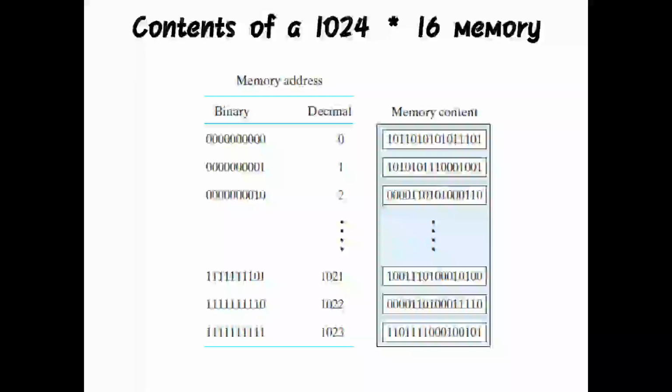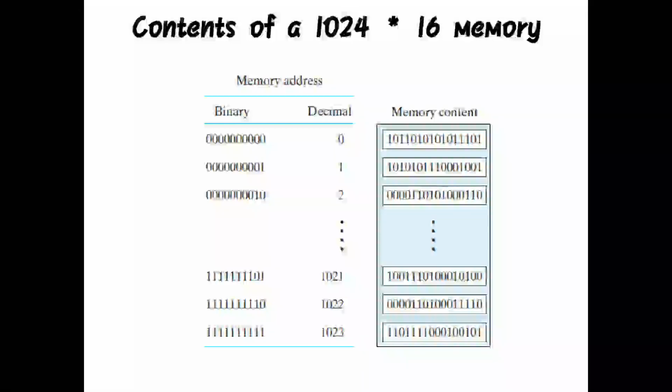I'll explain here. Now consider a memory address table. Leave aside the memory content in the last column, it is randomly added memory content. Now concentrate on the first 2 columns. As I have told you, consider a memory unit consisting of 1k words. 1k is 1024, which means 0 to 1023.